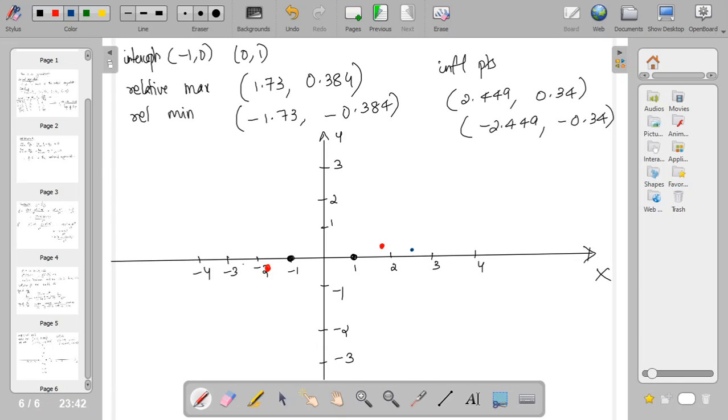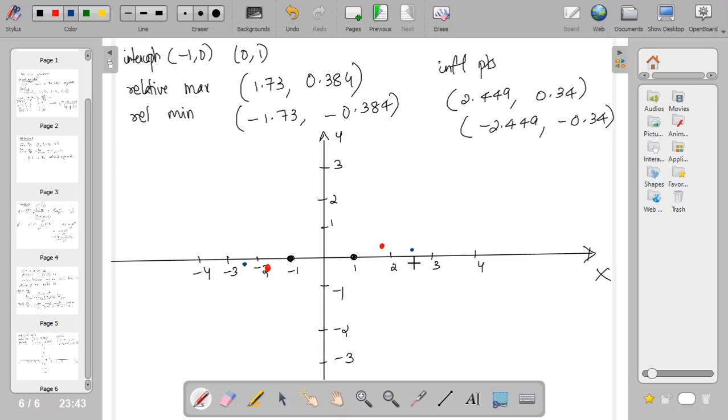So 2.4 and, okay, so that is our inflection point. And these are the asymptotes. Asymptotes are y equal to 0, y equal to 0 is the x-axis. So the function will approach the x-axis as x tends to infinity and x tends to minus infinity.